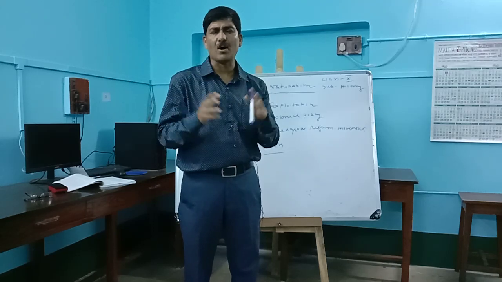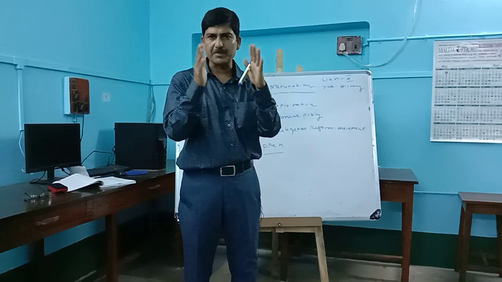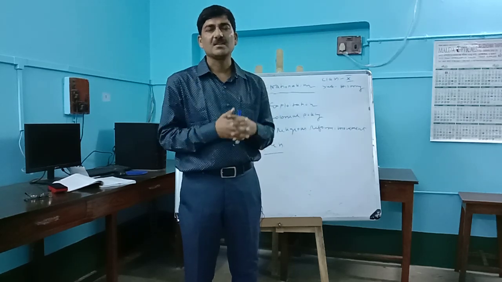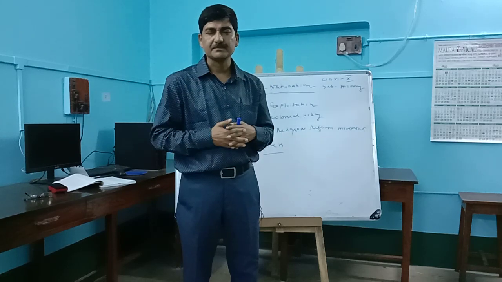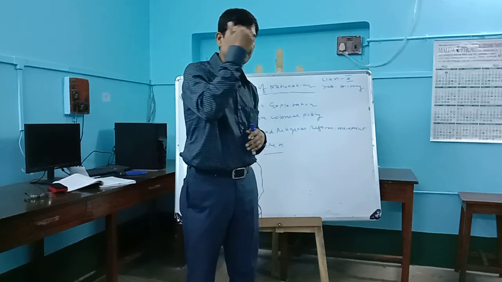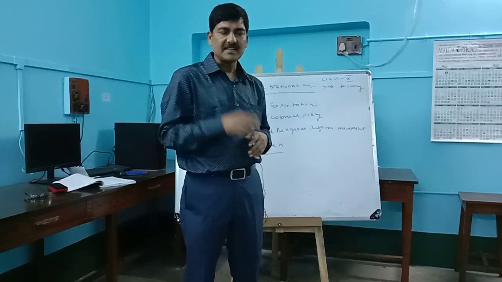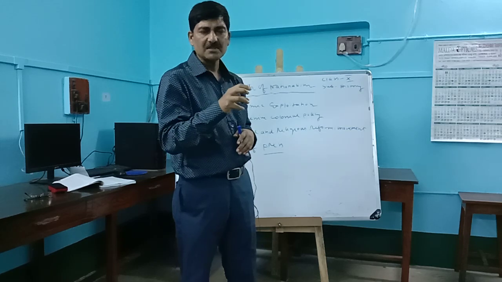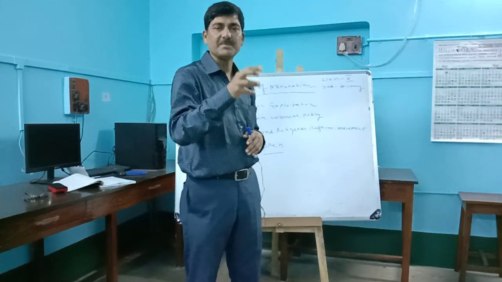So in every form, in every economic activity of the British, the main purpose was how to exploit the Indians, in the form of land revenue, in the form of salary to the British officials, in the form of pension to the British officials, expenditure on the army, all they were collecting from the Indian people.